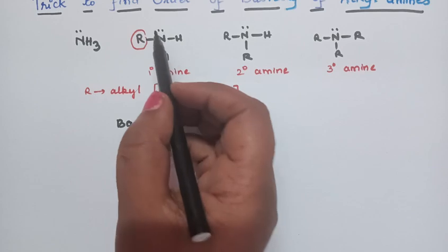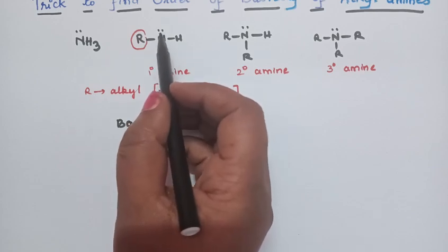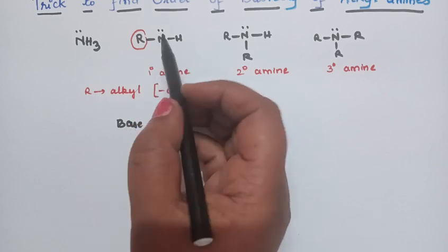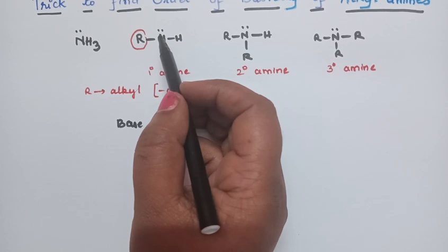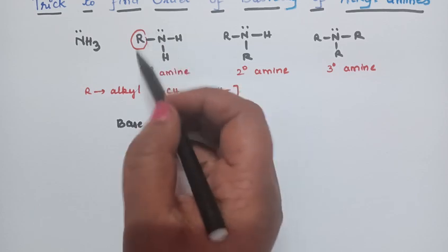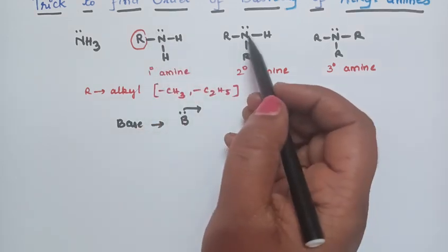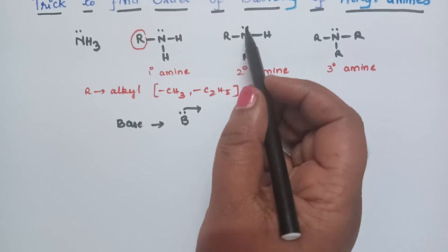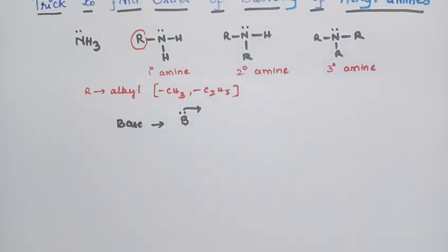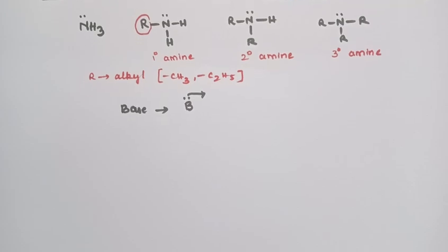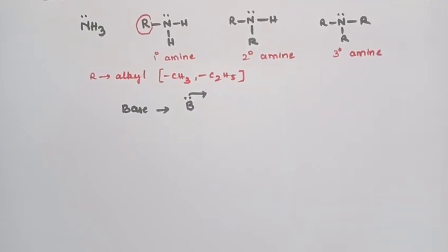In amine you can see there is a lone pair of electrons on nitrogen. If nitrogen donates this lone pair, then it is called a base. Even in secondary amine there is a lone pair of electrons. So base means it can give away its lone pair of electrons.